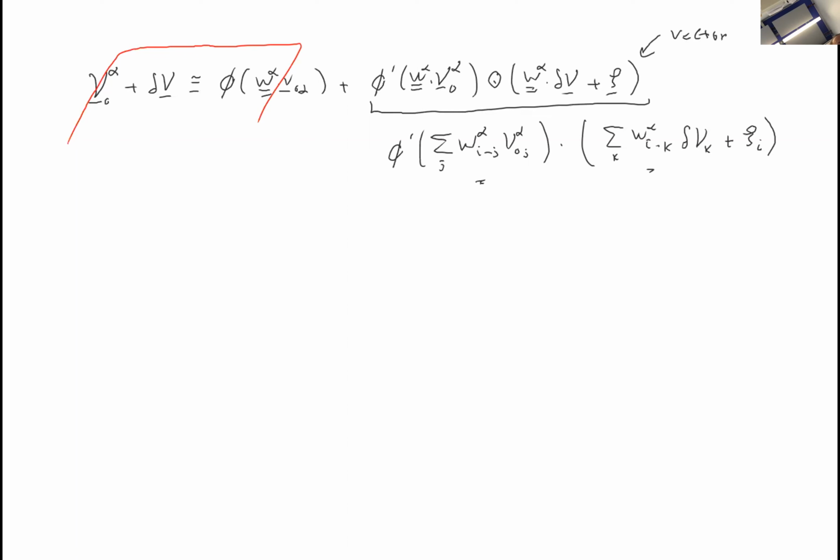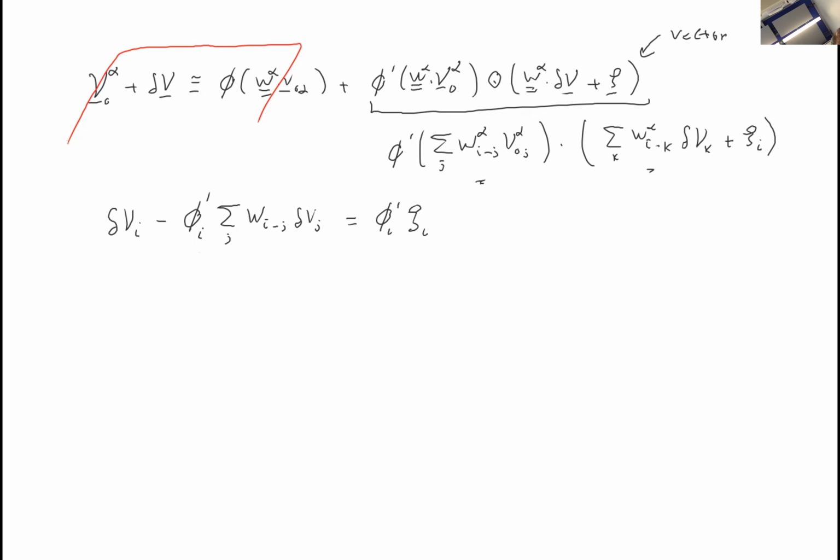And then what we get is, I'm going to actually go back to components. So delta nu i minus phi i prime, the sum on j of w i minus j delta nu j equals phi i prime times squiggle i.